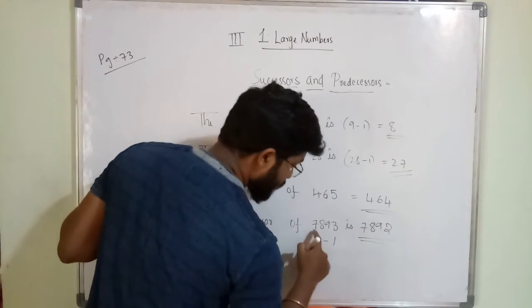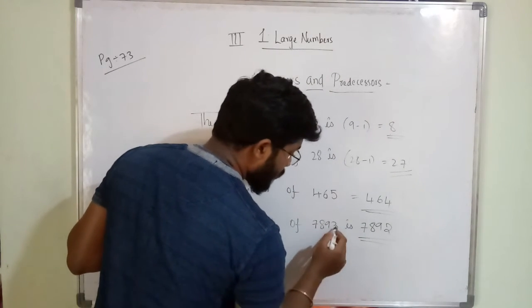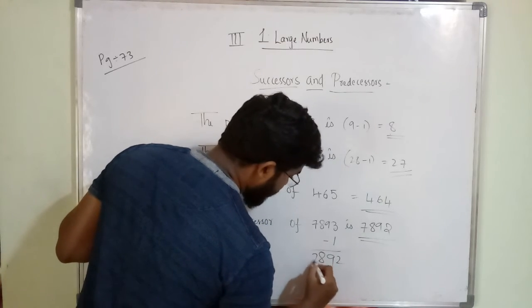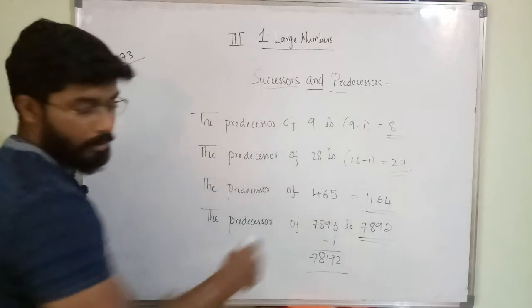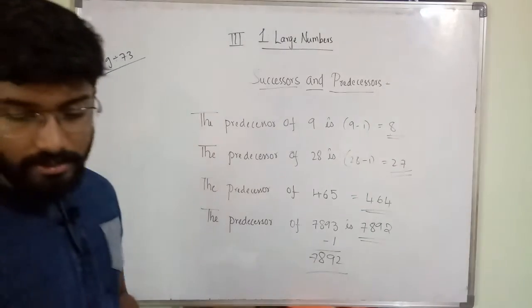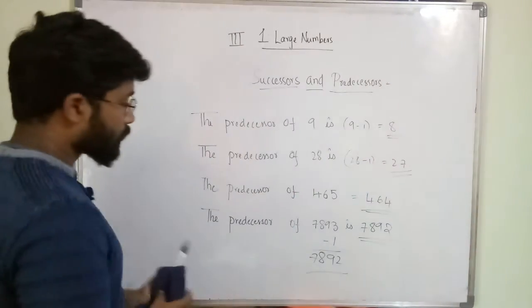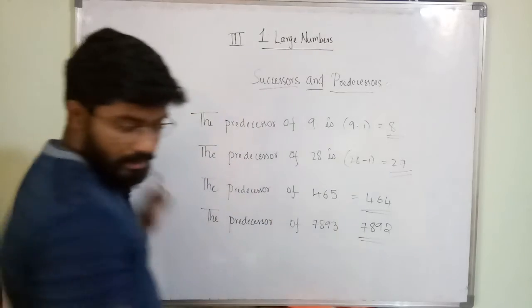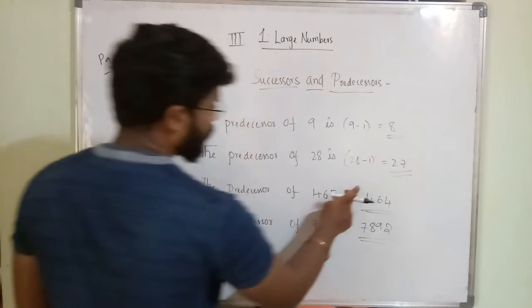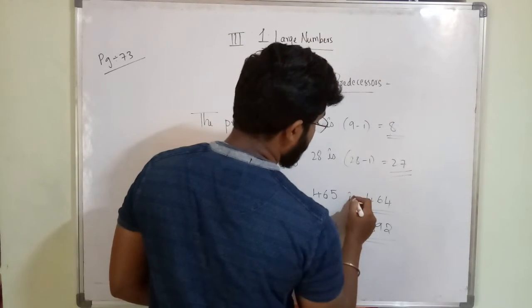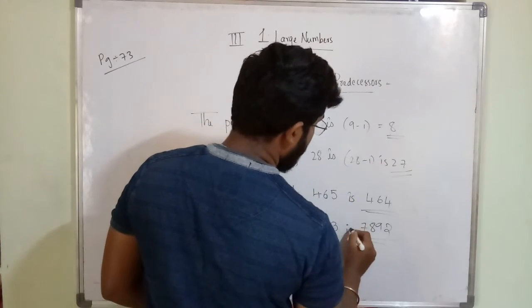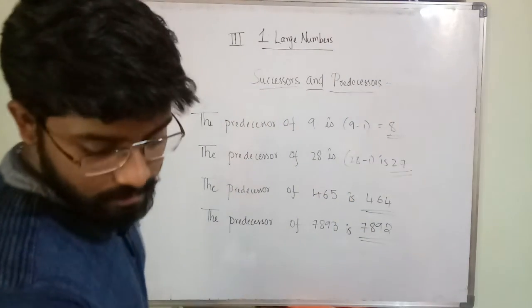Minus 1 from 7893. So 3 minus 1 is 2, 9, 8, 7: 7892. I got that one only, no? Yes, clear? So this is the predecessor. Okay, so here if you keep equal to or is, it's not a problem. Here he has given is, so that's why I am writing that.